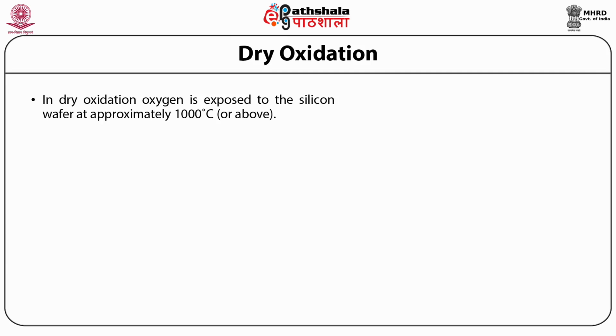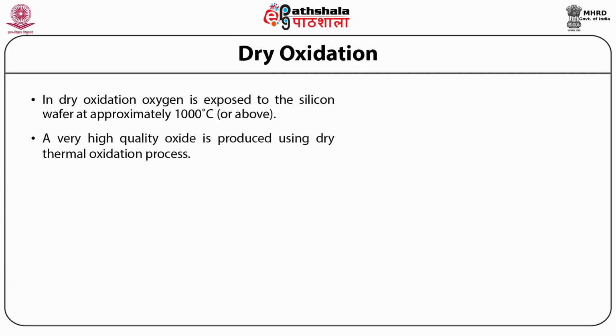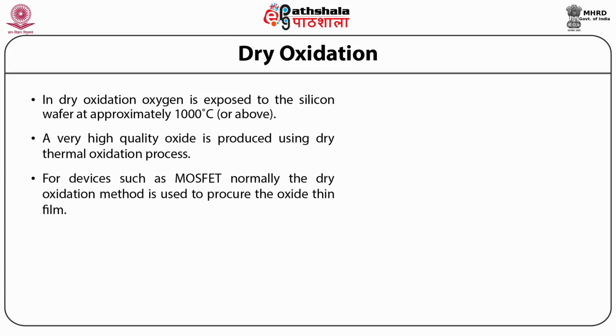of water. So a very high quality oxide is produced using the dry thermal oxidation process, which is described in this figure. For devices such as MOSFET, normally the dry oxidation method is used to procure the oxide thin film.